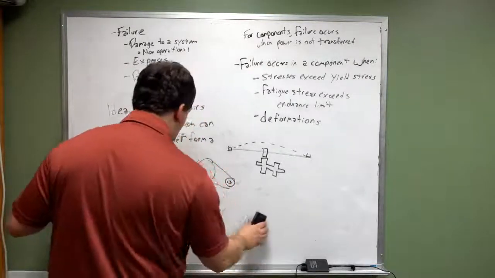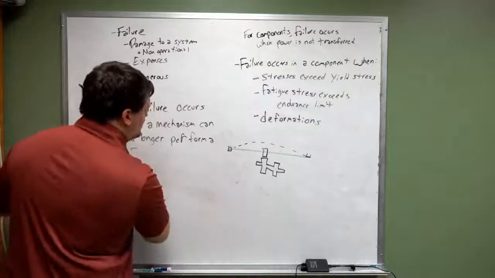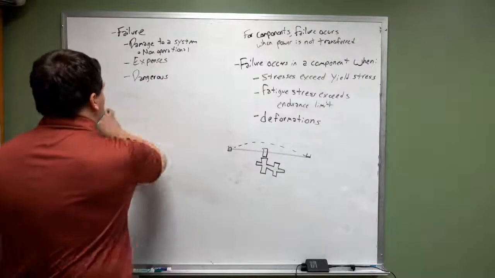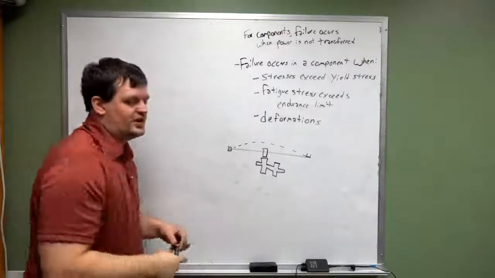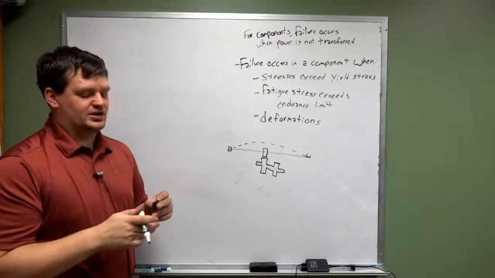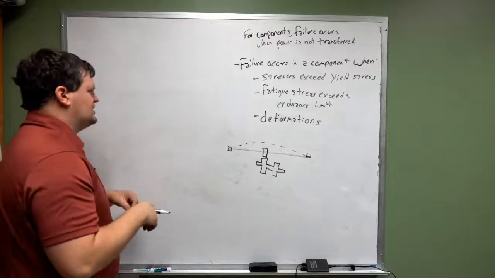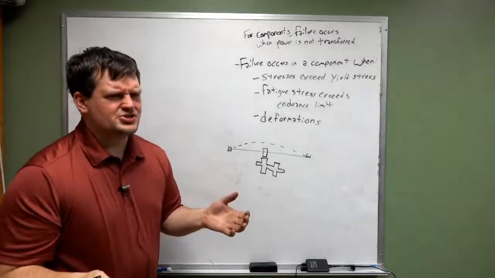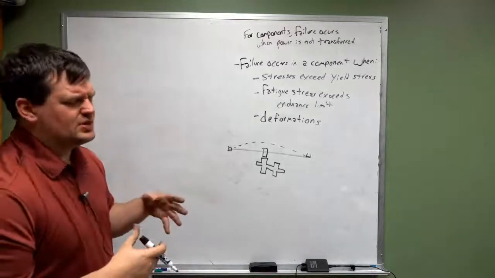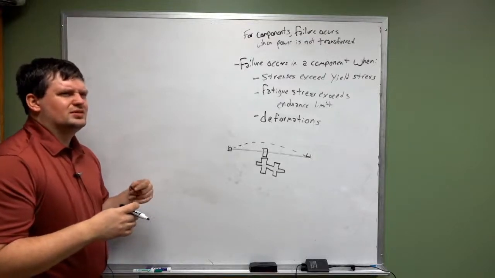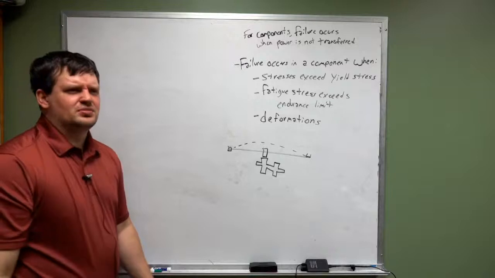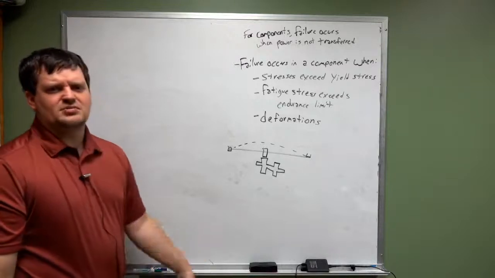Okay? So, when it comes to determining stresses, we introduced a number of failure determination mechanisms. We talked about maximum shear stress theory, MSS. We talked about the energy theorem, which gave us von Mises stresses.